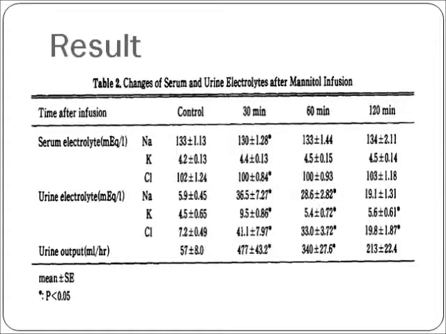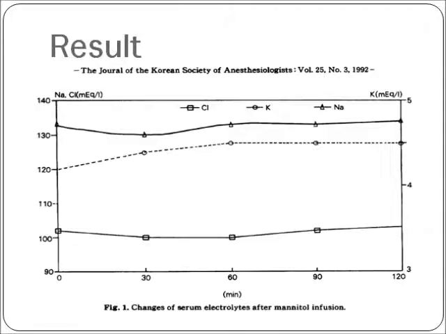As shown in the table, serum sodium and chlorine levels were significantly decreased 30 minutes after administration of mannitol, but the measured values at 1 hour and 2 hours after administration were not significantly different from those of the control group. There is also a graph.